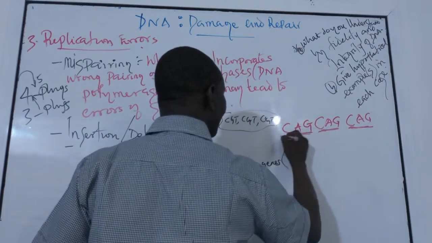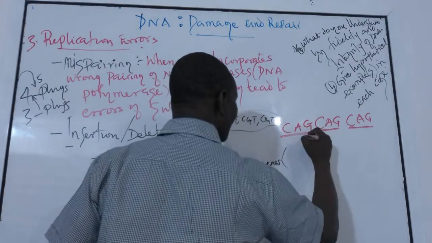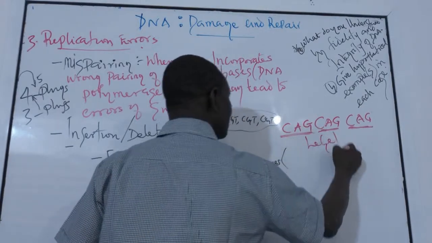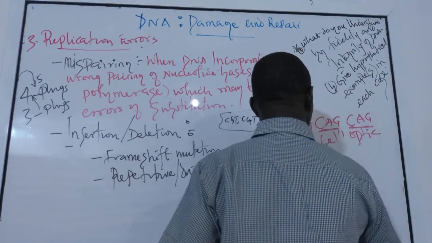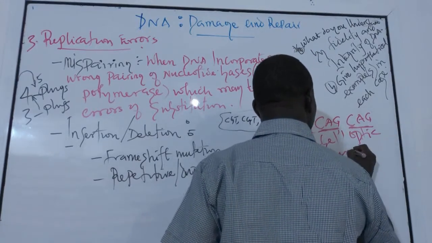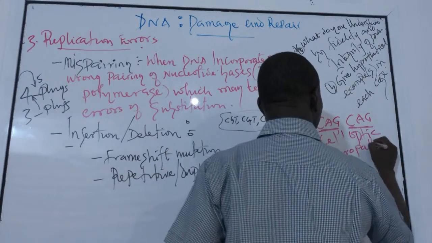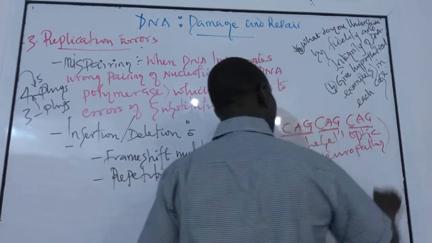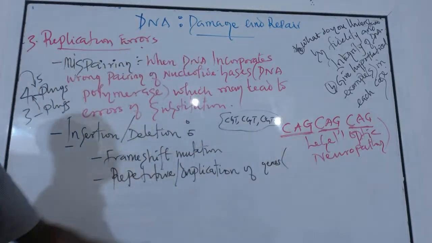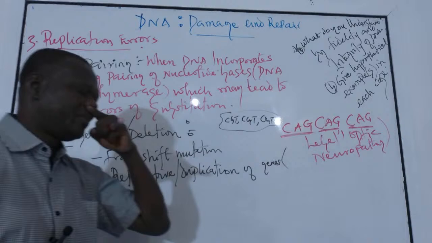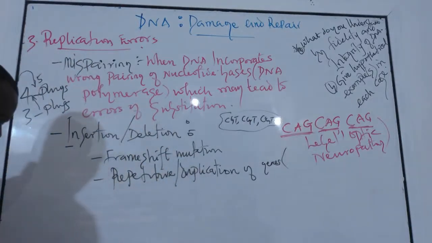So it can cause what is called Leber optic neuropathy. That is one genetic disorder that is a result of CAG repeats in the mitochondria.